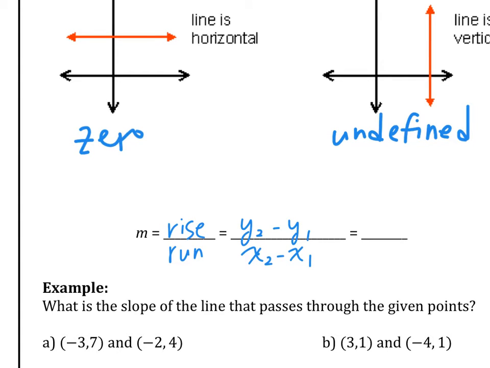So really, y2 minus y1 means the change in y. How much are you changing in the vertical direction? And so when we say change in y, we usually write this triangle. This is a Greek symbol called delta. Delta means change. So change in y over change in x is slope.